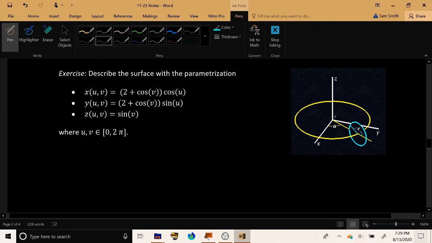So, we begin by moving some direction in the xy plane, determined by the angle u. So, we travel along the angle u, and here we have cosine u, which is telling us the x-coordinate that comes from moving through an angle u.